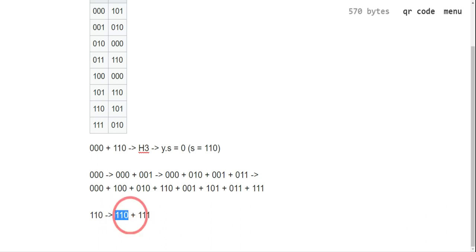Then at the second qubit, you get 1, 0, 0 minus 1, 1, 0, and then plus 1, 0, 1 minus 1, 1, 1, and then here you get 0, 0, 0 minus 1, 0, 0.